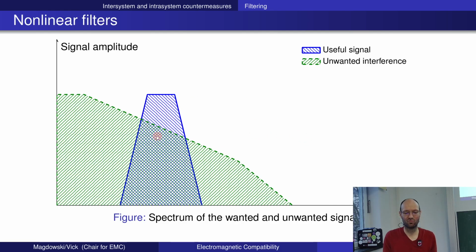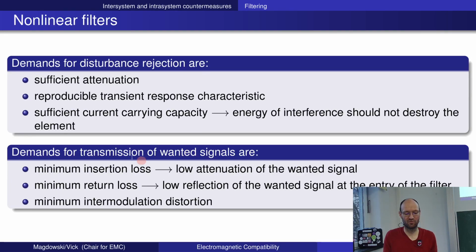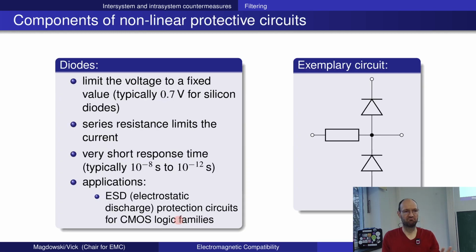From this useful signal, you might generate a first harmonic, a second harmonic, and so on at a higher frequency, and that might disturb something else. This, of course, should also not happen. This is meant with intermodulation: no generation of harmonics, something like this. Okay, so now we can have a look at what types of nonlinear protective circuit components we have.